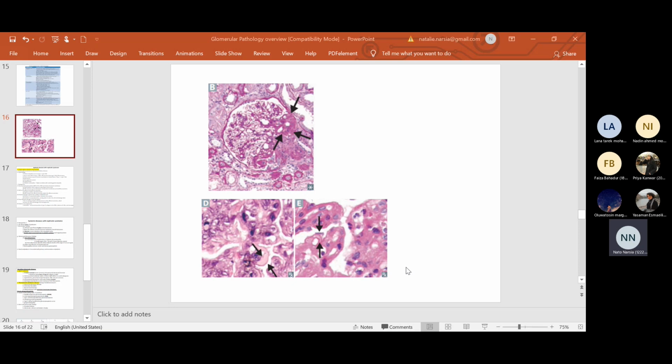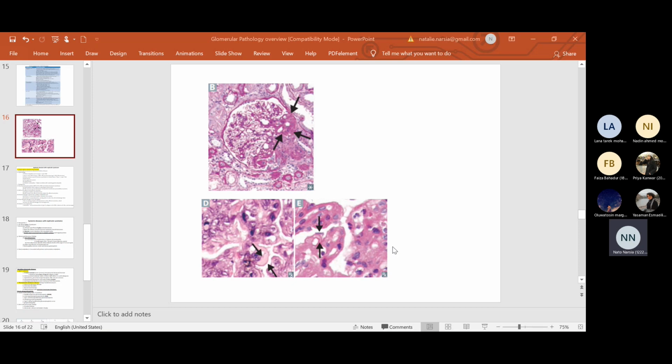This is granular, and the deposition is subepithelial because deposition happens at the level of the podocyte. That is one thing. Then I also mentioned that membranous nephropathy you find in different diseases. Here, this association is highlighted because each of them can be discussed separately: hepatitis B, C, lupus, tumor, and drugs.